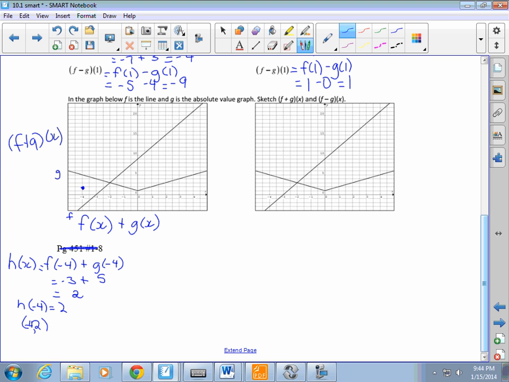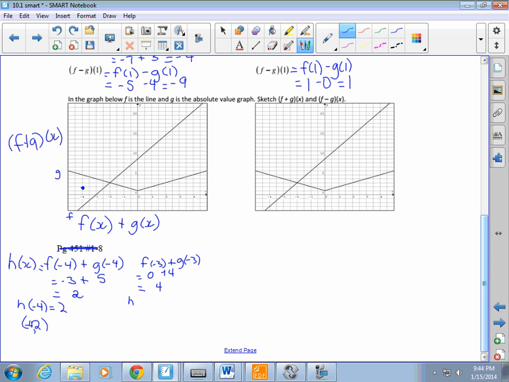So negative 3, f of negative 3 is 0. G of negative 3 was up here at, and I think that's a 4. Better count 1, 2, 3, 4. So that means, whoops, that should be g of negative 3.